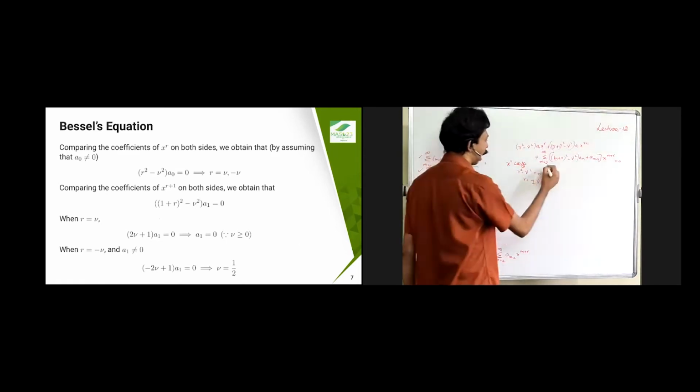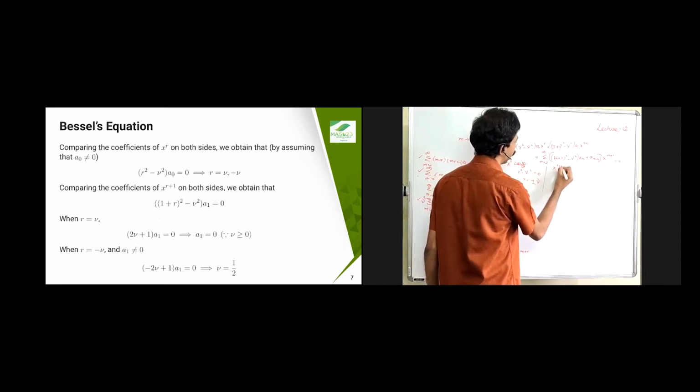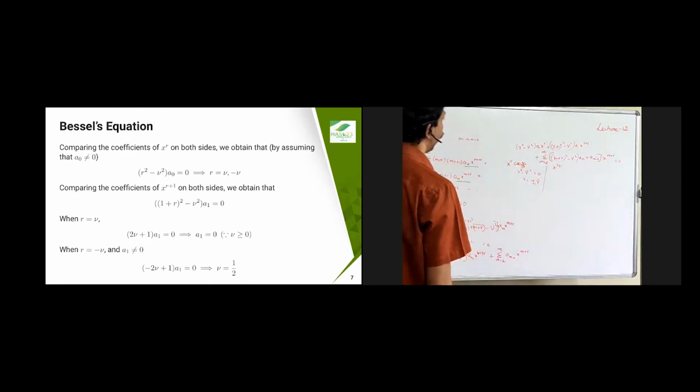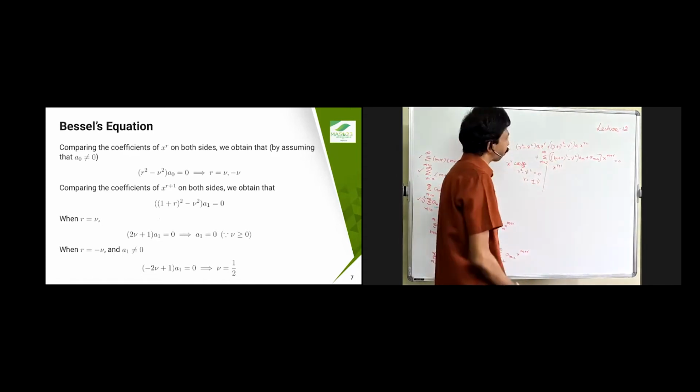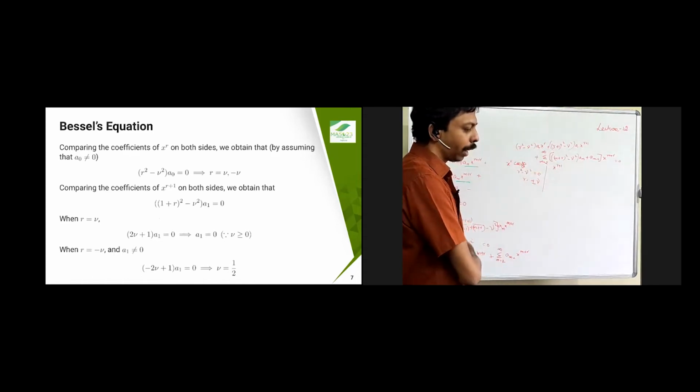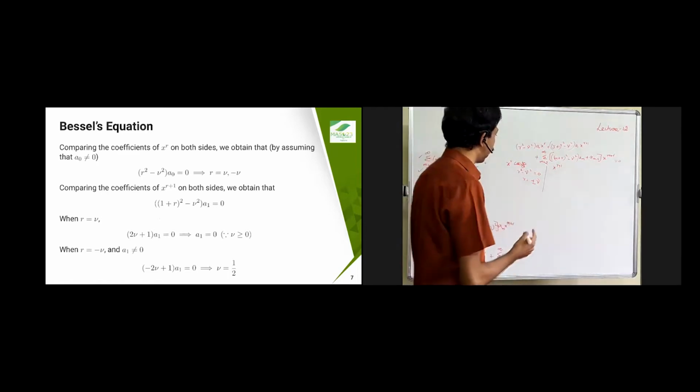Now if I compare the x power r plus 1 coefficient, then I am going to get (r plus 1) whole square minus u square into a1 equal to 0. So there are two cases.